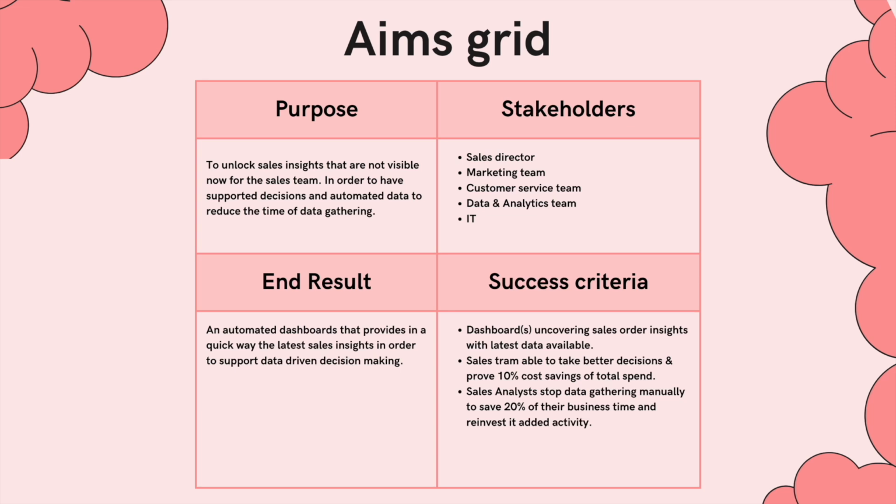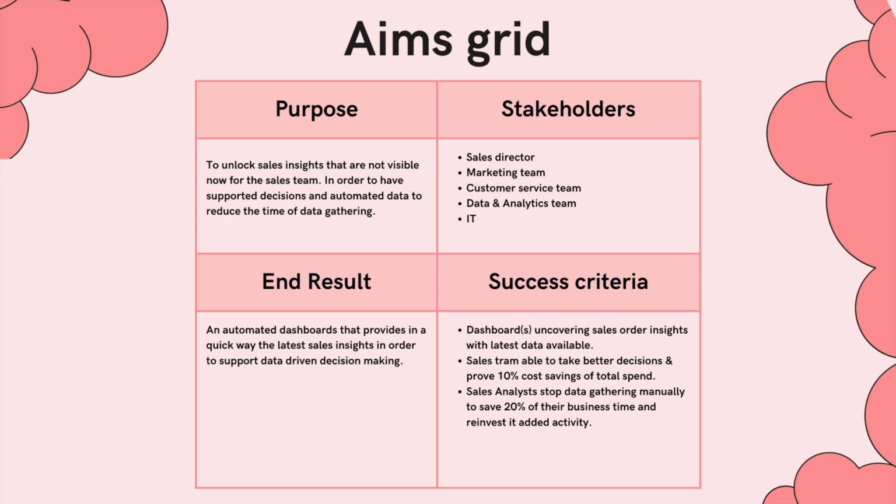The marketing team can make decisions based on the data that you are going to be releasing, and customer service might be interested in some feedback because of the results. The data and analytics team is the one that is going to be helping you, and the IT team might also be involved, helping you with gathering all the data.